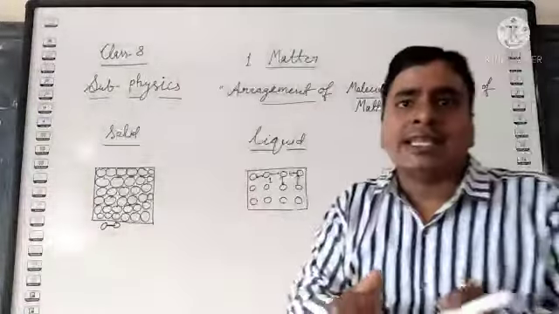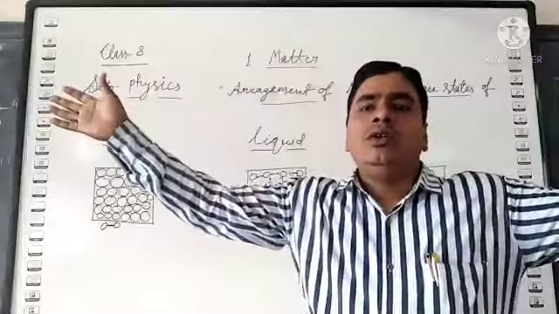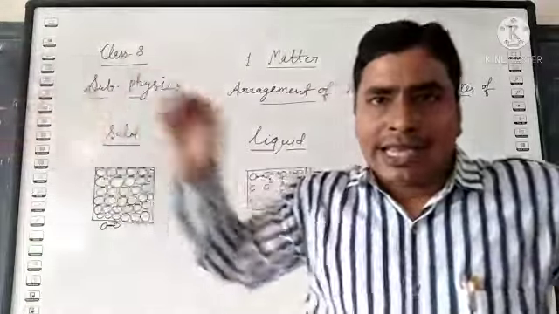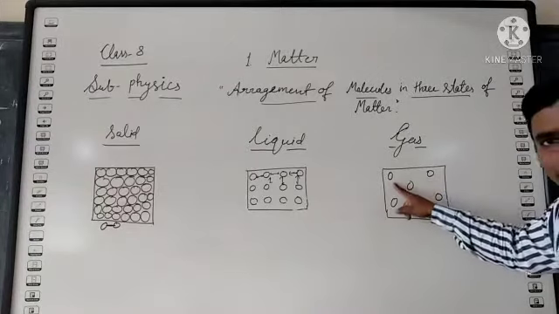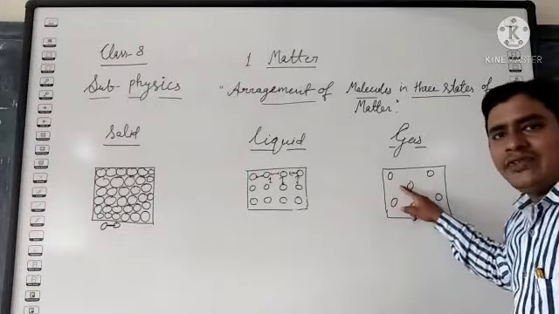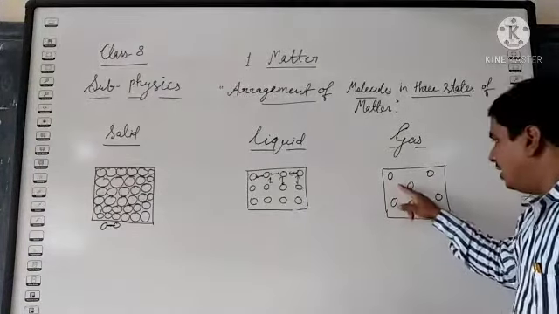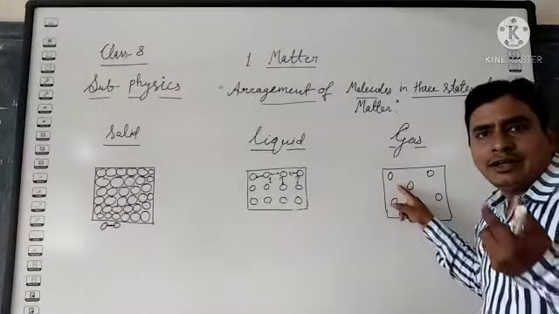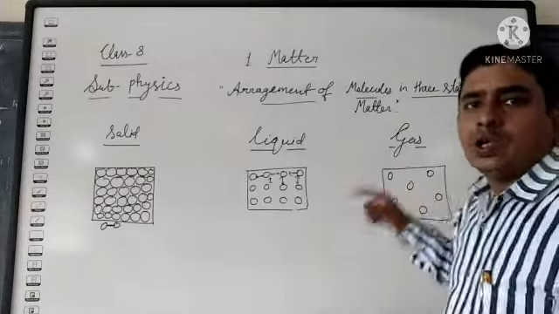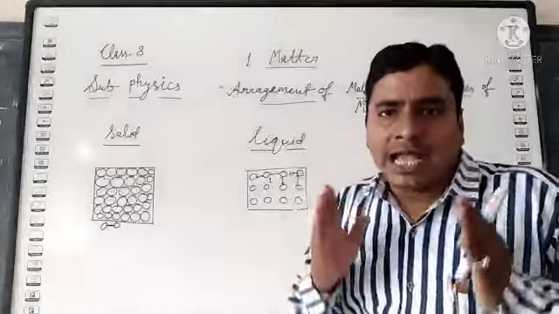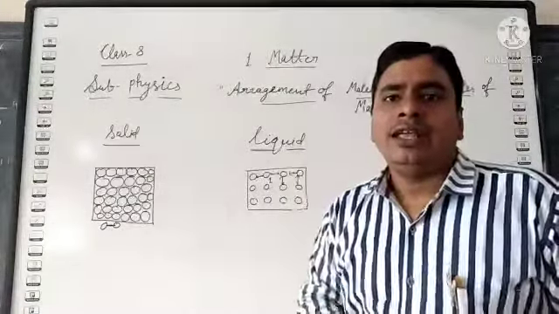So that's why gases easily spread out over a large area. Due to this molecular arrangement, the intermolecular space is very large, and the intermolecular force of attraction is very less. Clear? So due to this molecular arrangement, gases have neither a definite volume nor a definite shape.